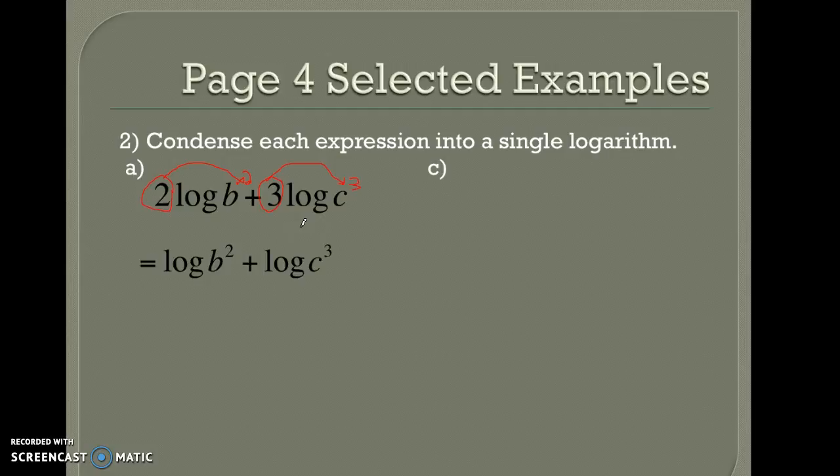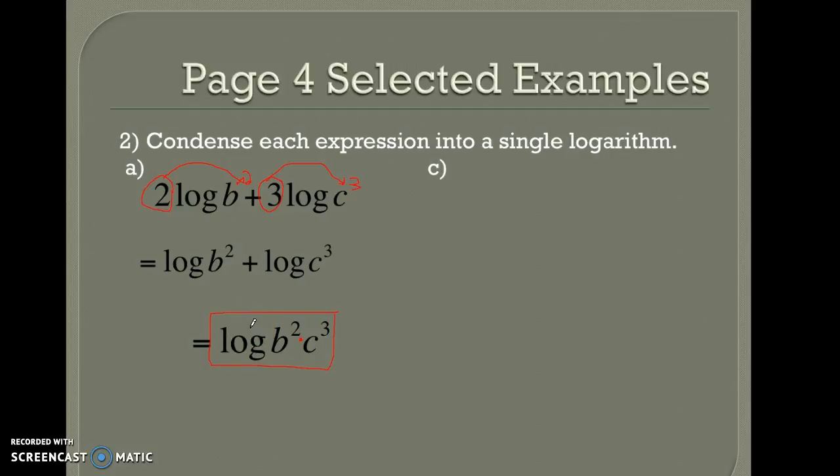So we have log of b squared plus log of c cubed. Now, since we have a sum of 2 logs, we can condense that using the product property. So we can condense this to log of b squared times c cubed. This is the product property in reverse. So this would be our final answer. We have condensed into a single log.